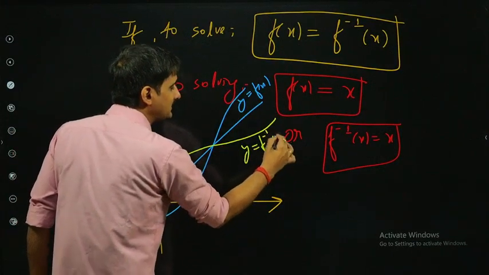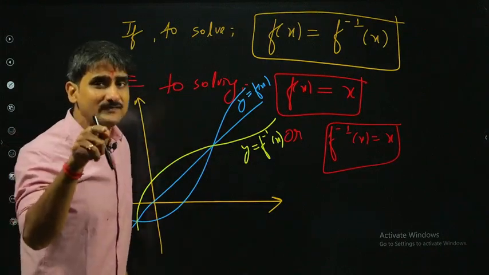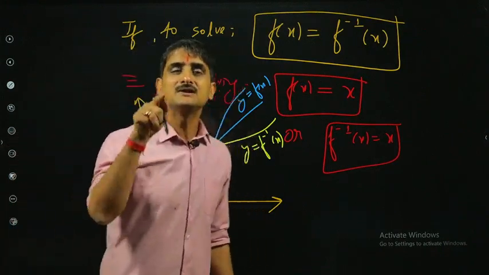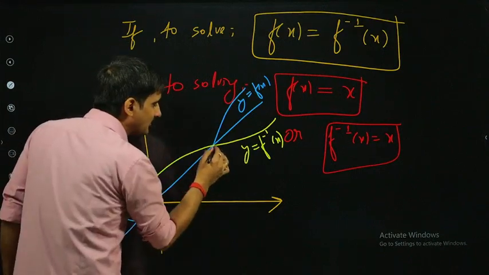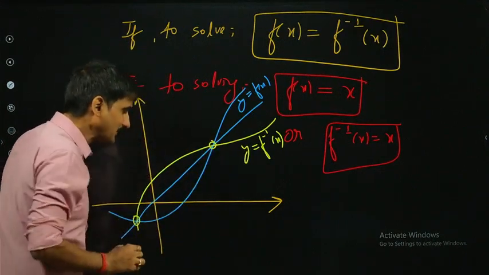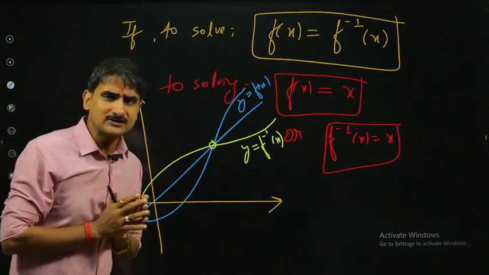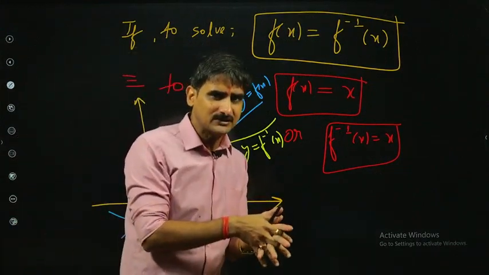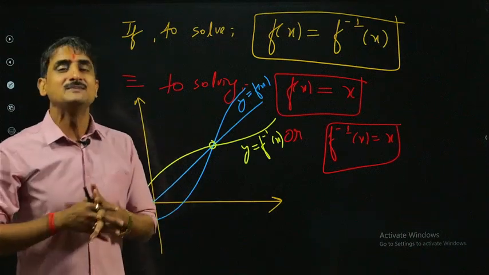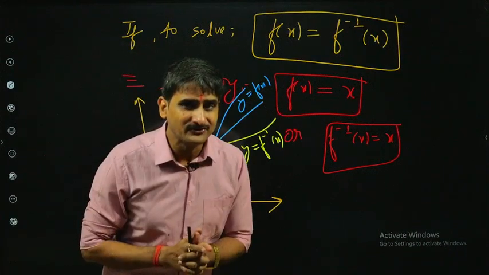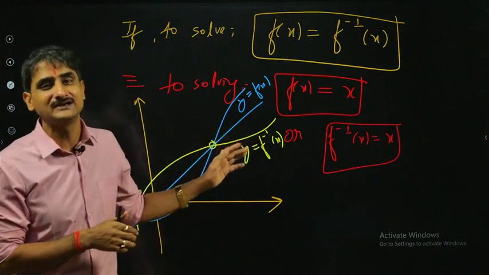Again, when will object and image meet? They can meet only when they lie on the mirror. So the number of points of intersection of the object curve and the image curve will be the same as the number of points of intersection of the object and the mirror.